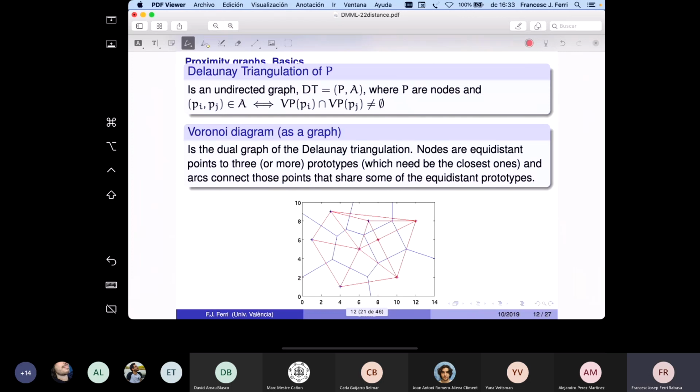When we say that two graphs are dual, the nodes and arcs of one graph correspond to arcs and nodes of the other. So in a way, we can consider these two graphs as dual. The information in these two structures is the same. Okay? No questions?